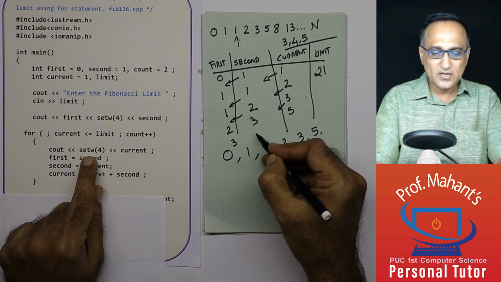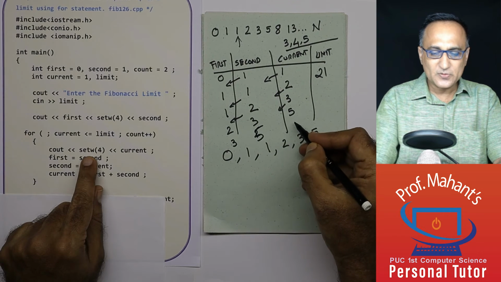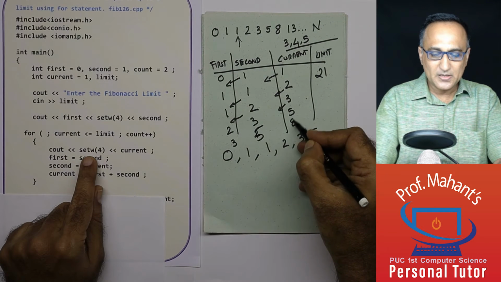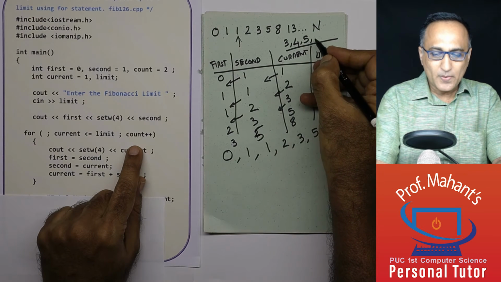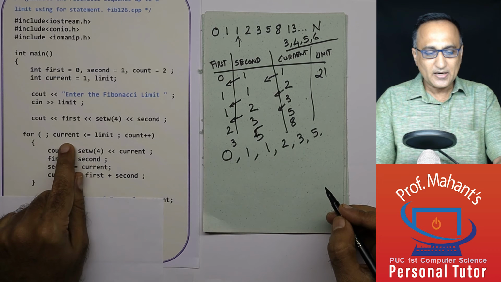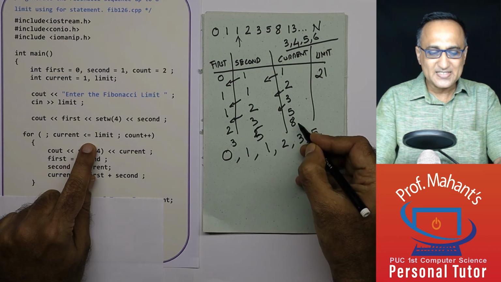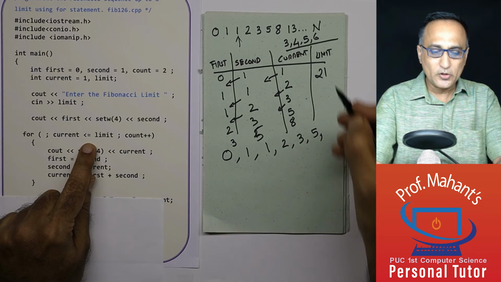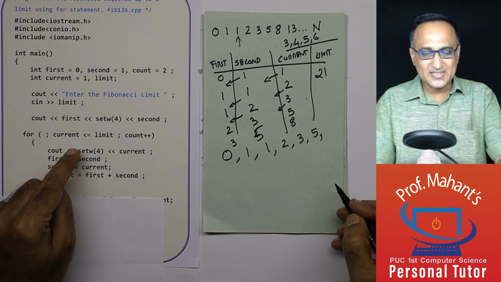This becomes 3, this becomes 5, and current becomes 5 plus 3, which is 8. Now again I increase the value of count by 1. It becomes 6 because I have printed 6 digits. Current is less than or equal to limit. Current is 8, and 8 is less than or equal to 21. So I keep repeating this process.